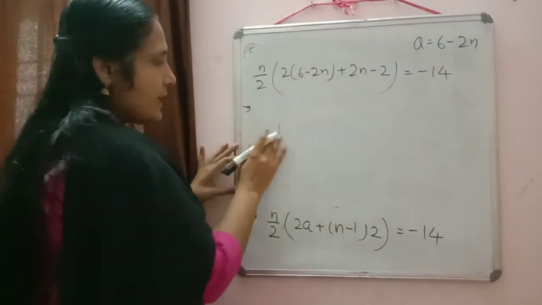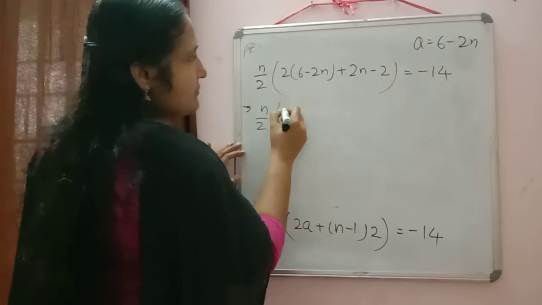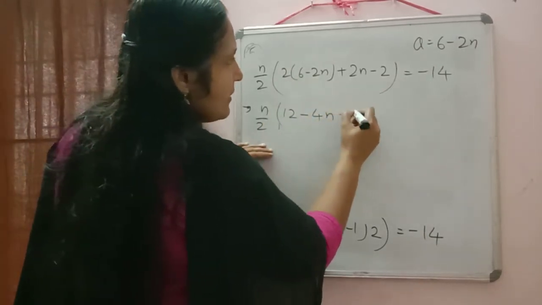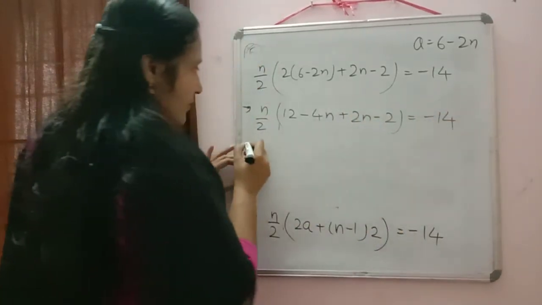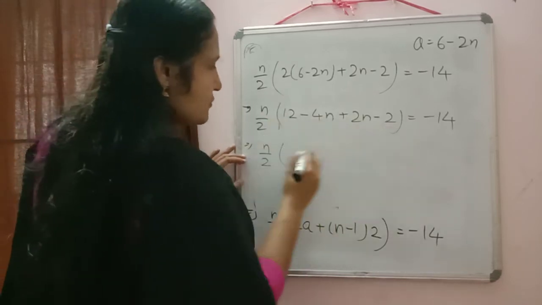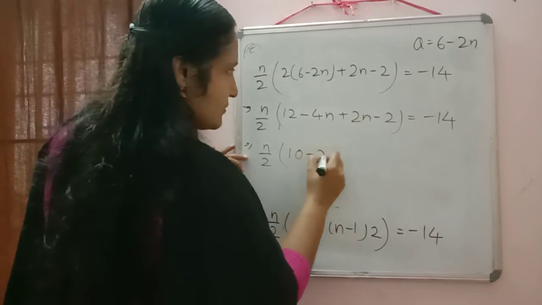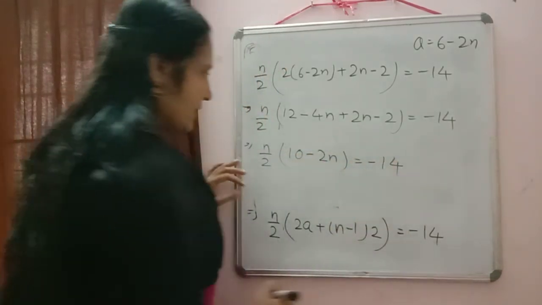Now we don't have a, we have only n. n by 2 into 12 minus 4n plus 2n minus 2 is equal to minus 14. So n by 2 into 12 minus 2 will be 10, minus 4n plus 2n. So that will be minus 2n is equal to minus 14.